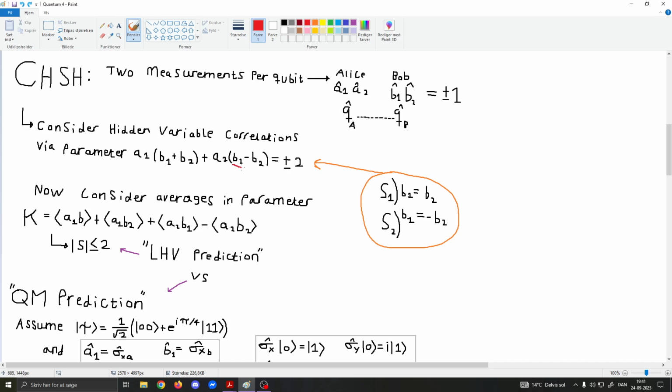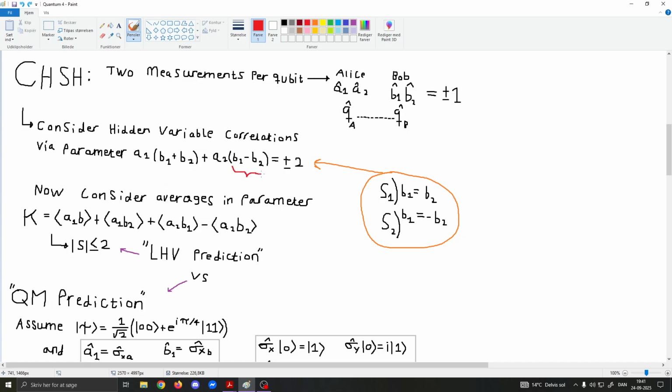And in this parentheses over here, if they are the same, then the negative sign on one of them means that this would result in 0.